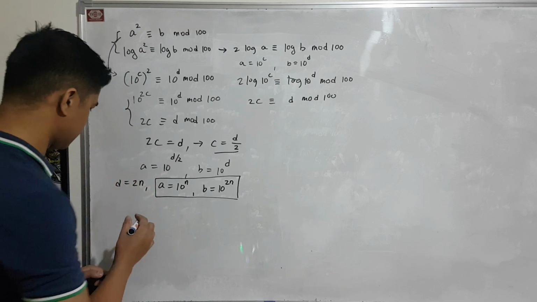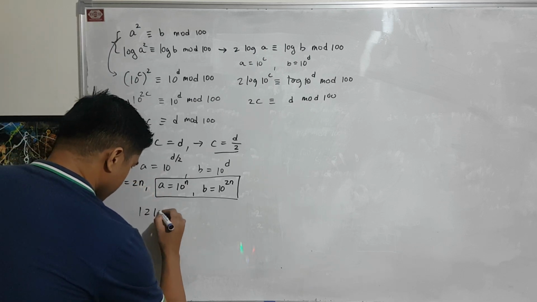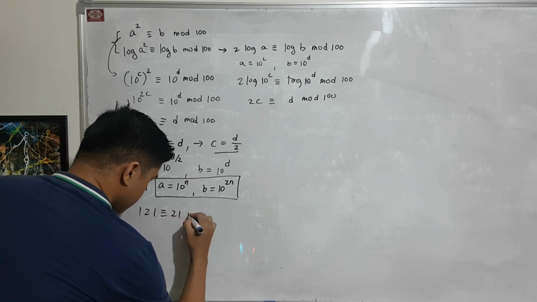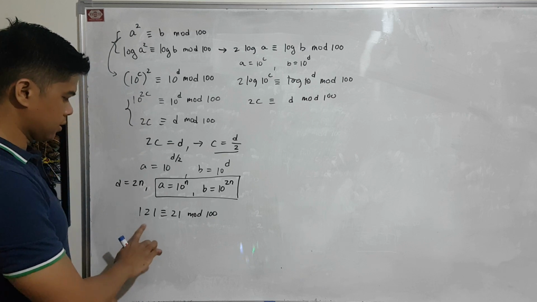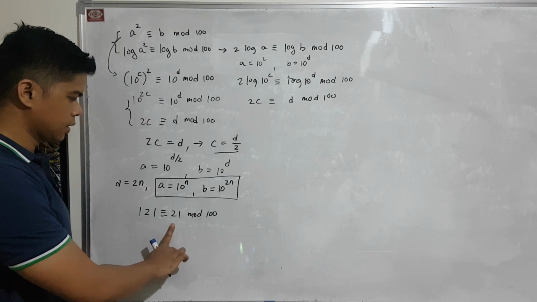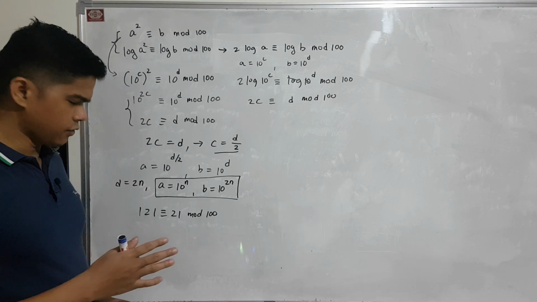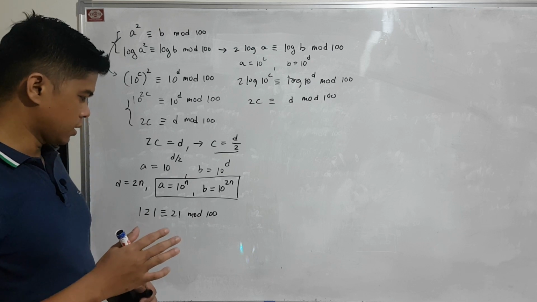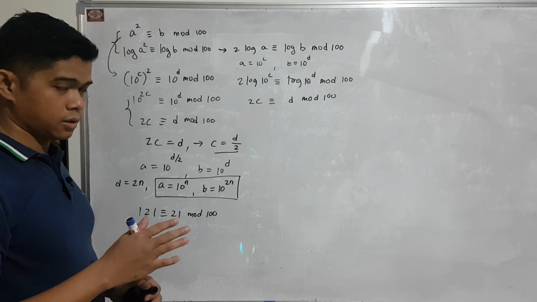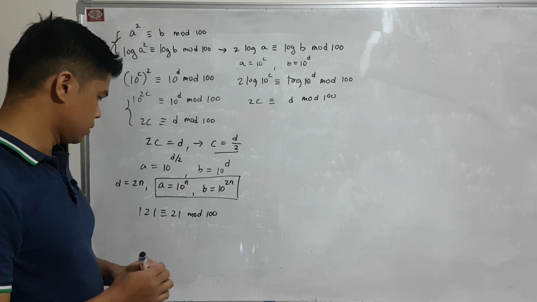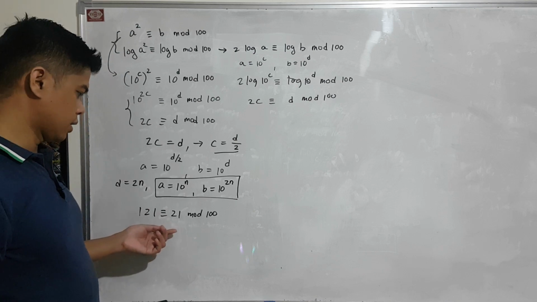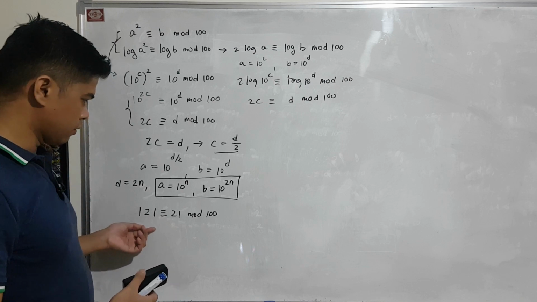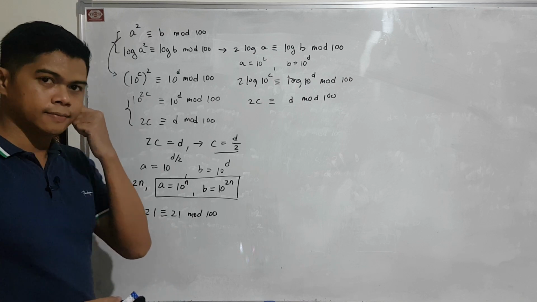To give you an example, 121 is congruent to 21 mod 100 because the last two digits of 121 are 21. If you're not familiar with congruence modulo 100 or any modulo, we get 21 here because the remainder when we divide 121 by 100 is 21.